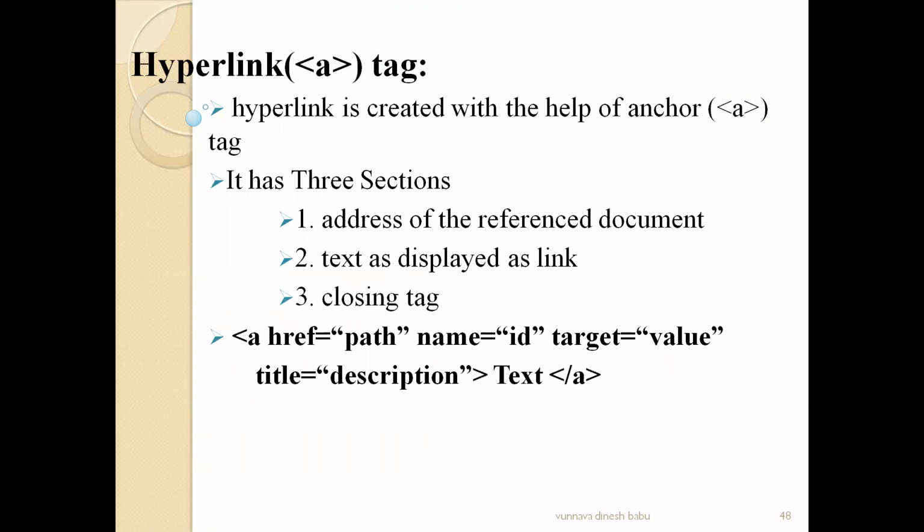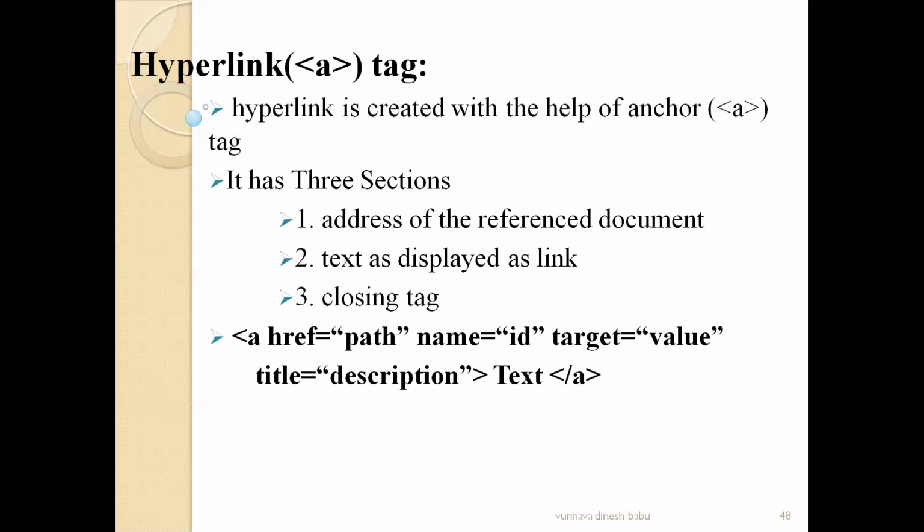That is, whenever we click on a link, what is to be opened should be represented in the first section. In the second section, we have to display some text, and that text will act as the link. The third section is the closing tag.